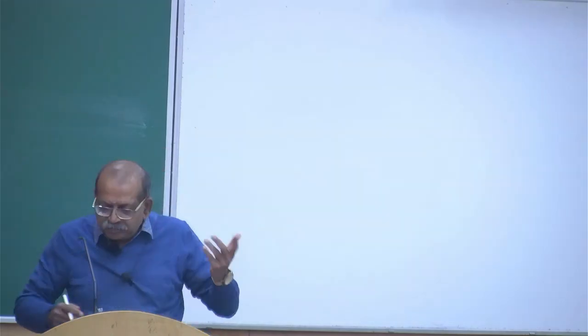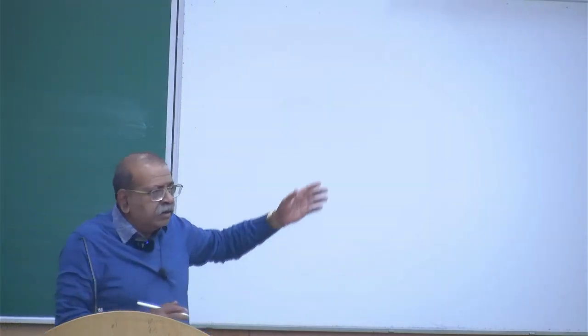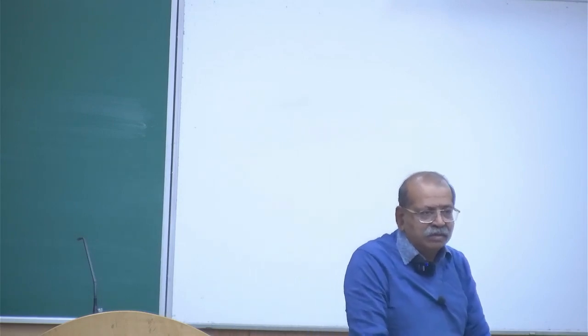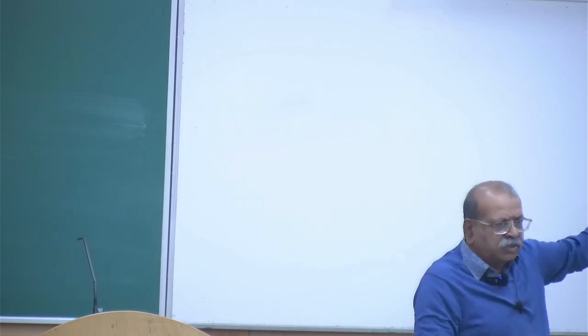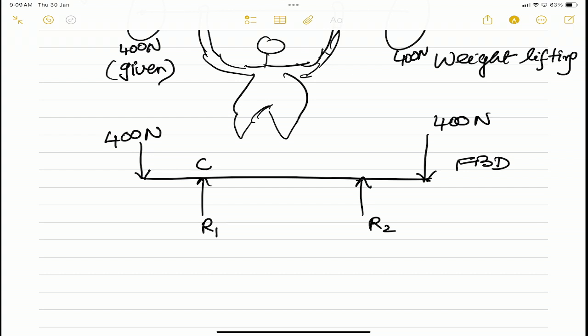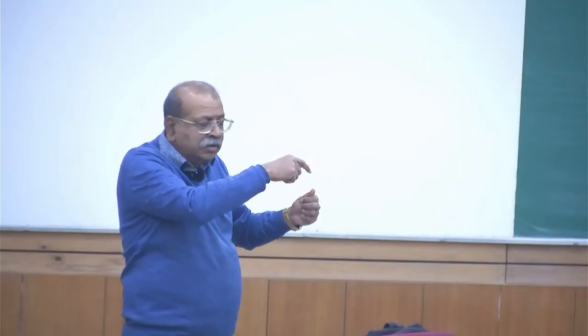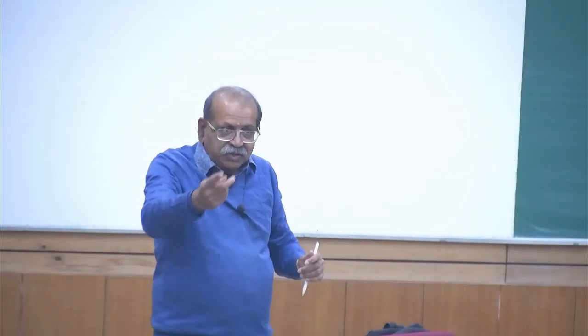I don't remember. Anyway, so now here, what will R1 and R2 be? Again 400 newtons. By symmetry you can make it obvious that they will be equal. So R1 is equal to 400 newtons and R2 is equal to 400 newtons. So this portion CD, if you look at R1 and the left 400, they make a couple, and R2 and the right 400, they make a couple.